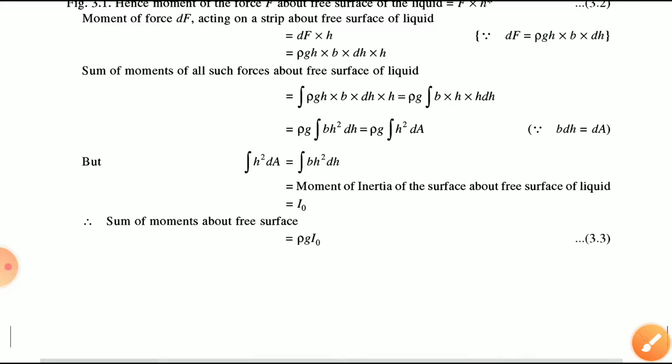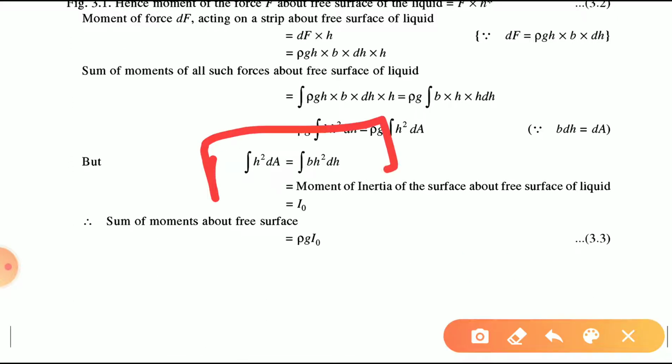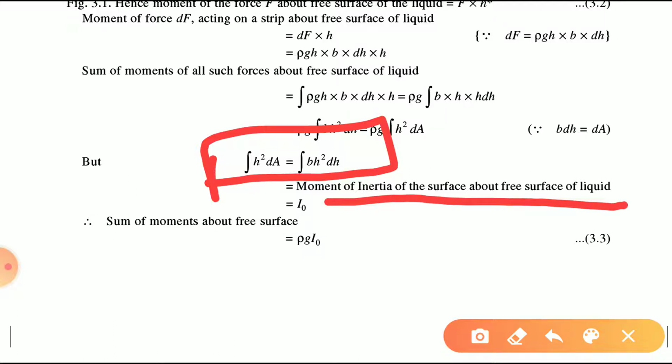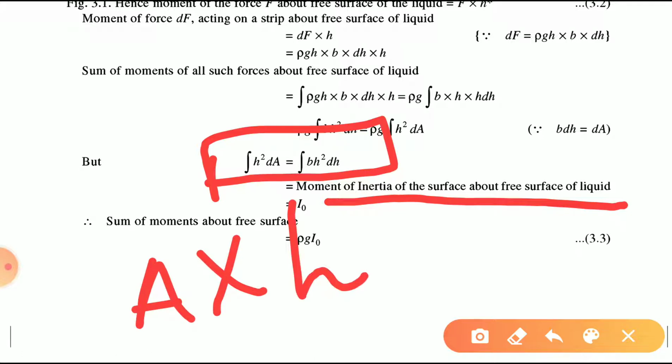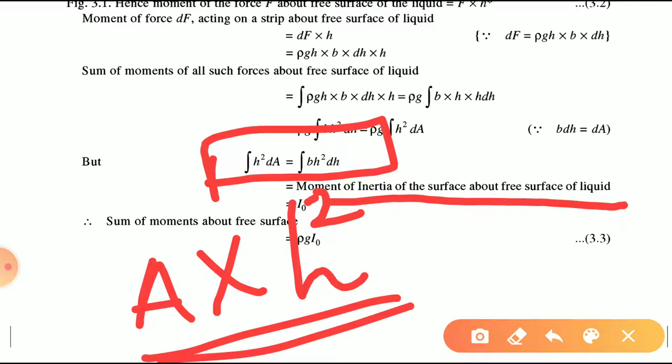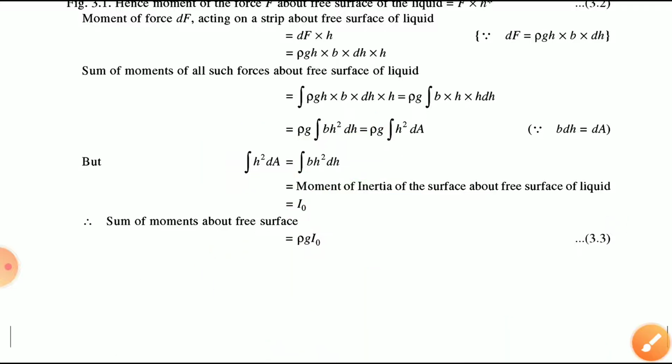So what is this h square dA? This is equal to the moment of inertia of the surface about the free surface of the liquid. Means area multiplied by its distance from the free surface, squared, is equal to the second moment of the area about the free surface of the liquid, which is shown by I0.